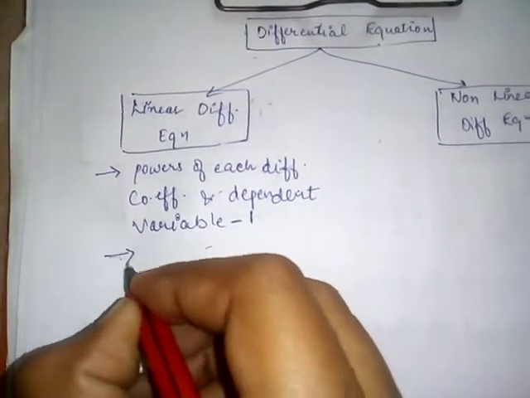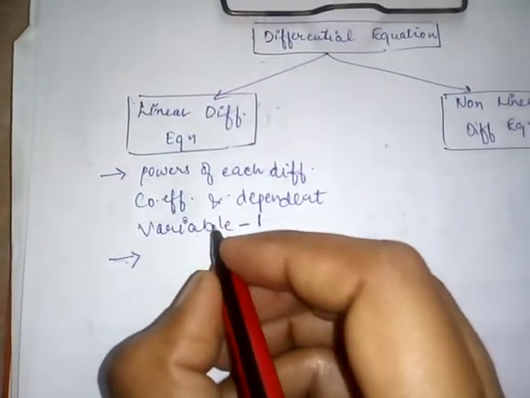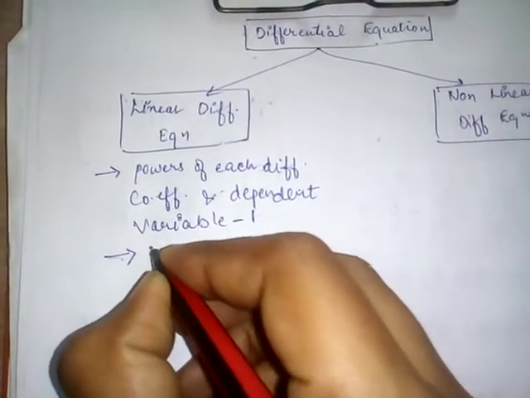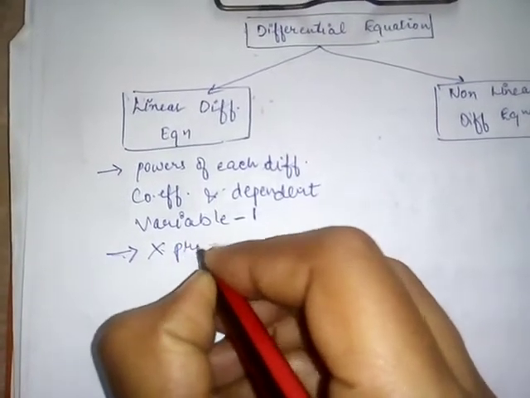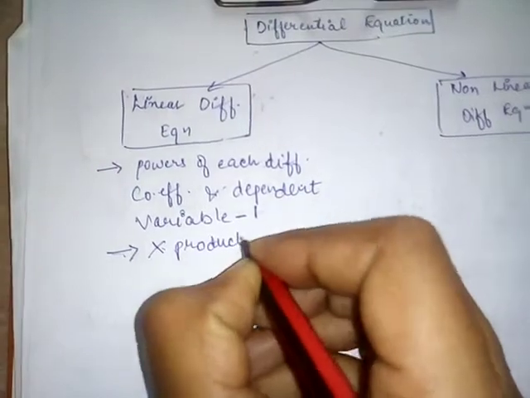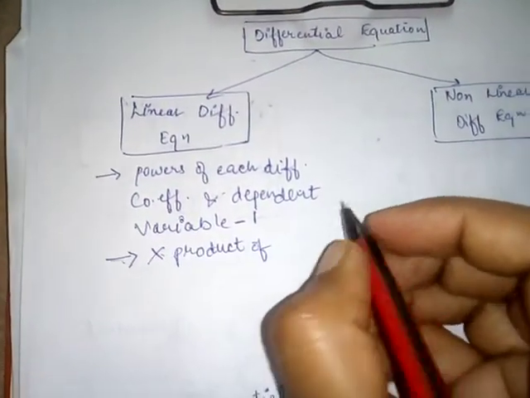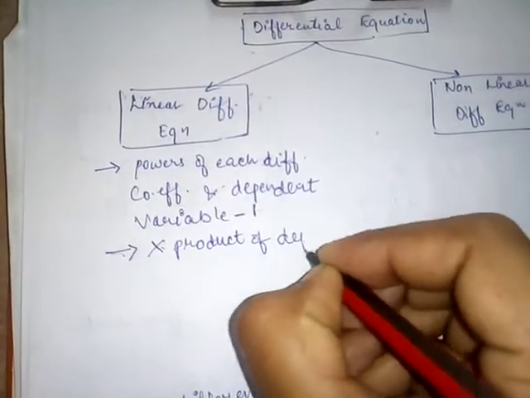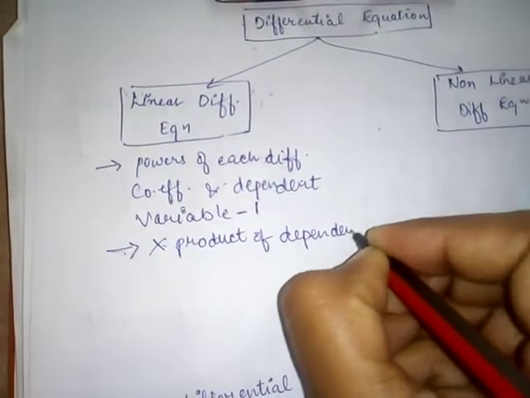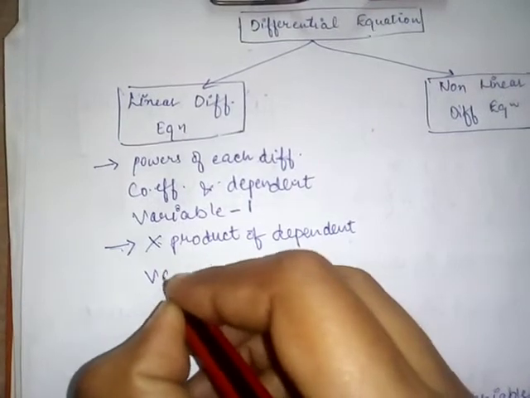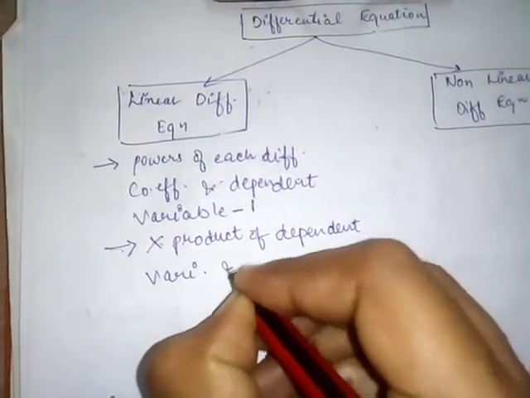Second condition is there is no term involving the product of dependent variable and its derivative.